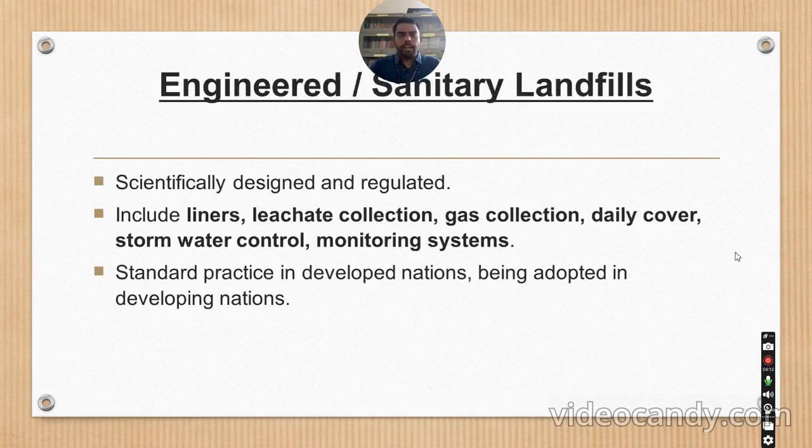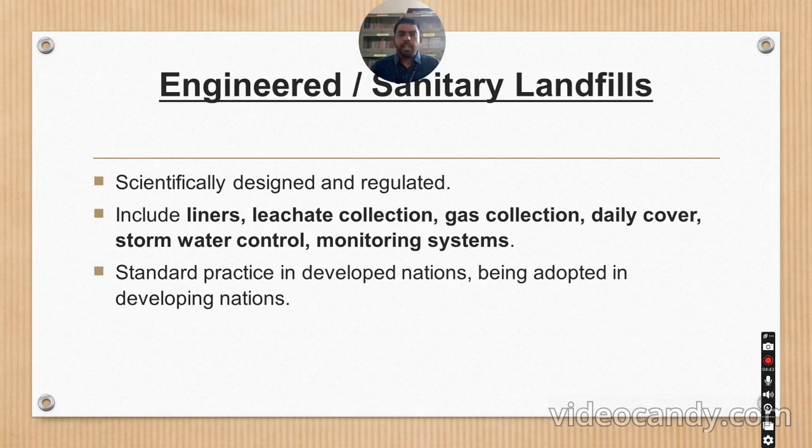And next, the third one, engineered landfills, means we scientifically construct them and scientifically think about what type of process should be adopted. It should be scientifically designed and regulated. It includes liners, leachate collection, gas collection, cover, stormwater control, and monitoring systems, all included in this construction.